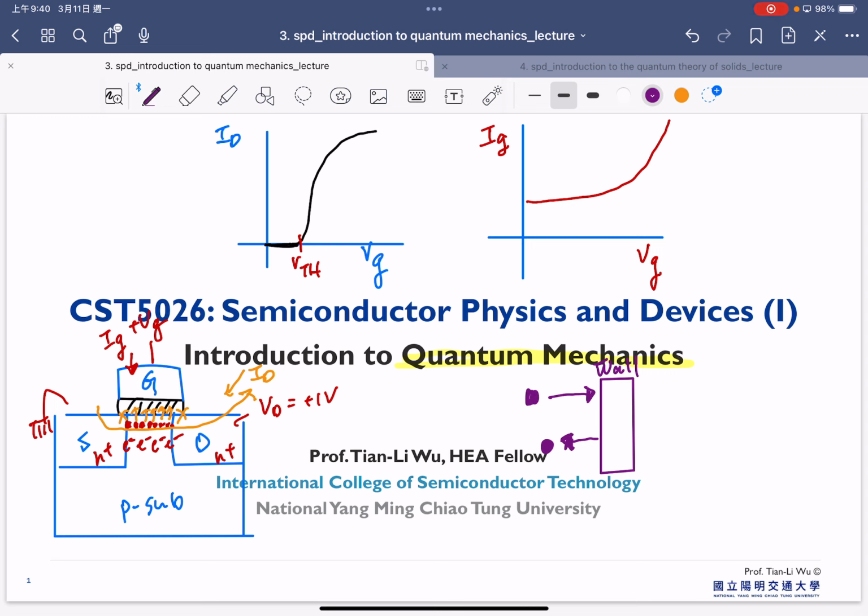The ball will be reflected from the wall. That's a general thing that happens in our daily life. Therefore, you won't have a chance to see the ball on the other side of the wall. That's what classical physics tells us.